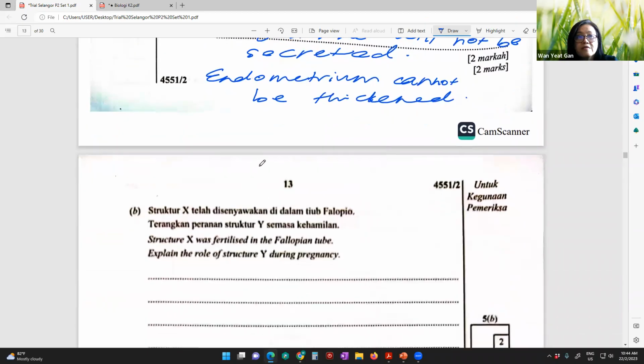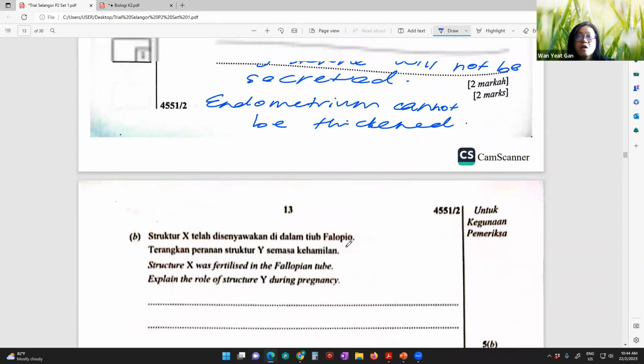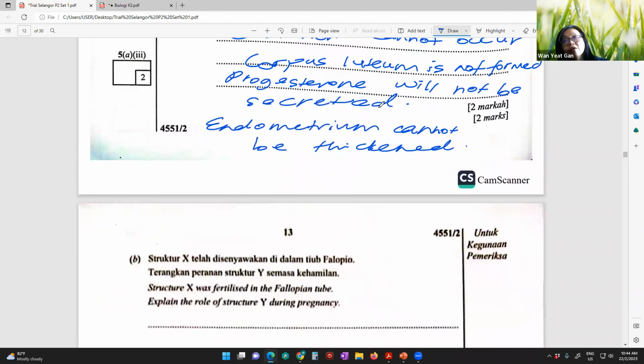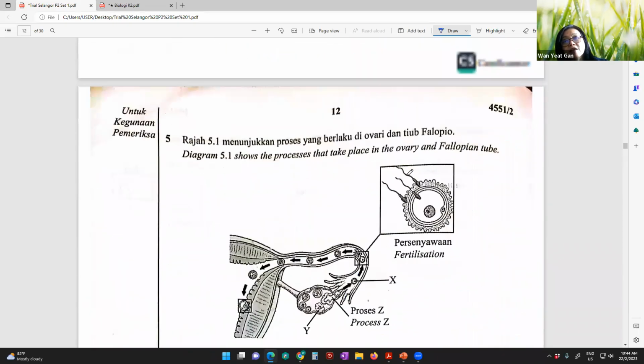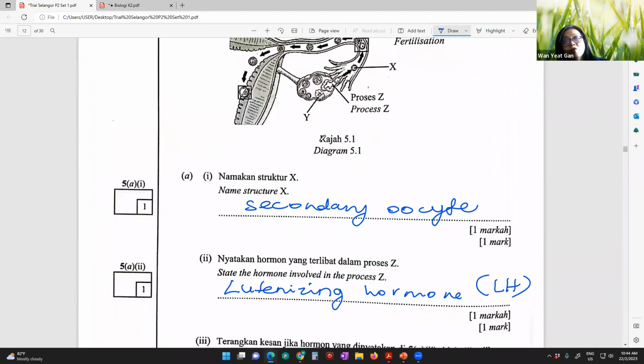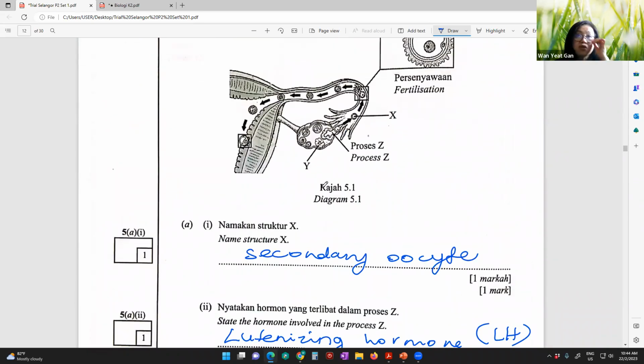All right, next, structure X was fertilized in the fallopian tube. Explain the role of structure Y during pregnancy. Earlier I mentioned X is secondary oocyte. They want to know what happens to structure Y if X is fertilized.